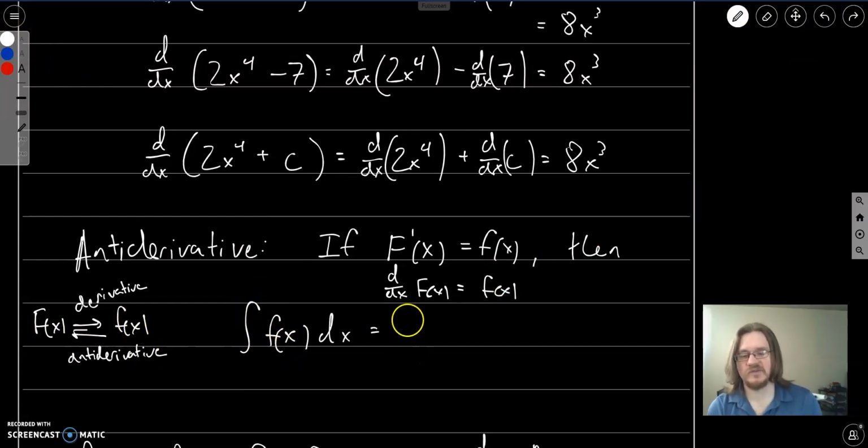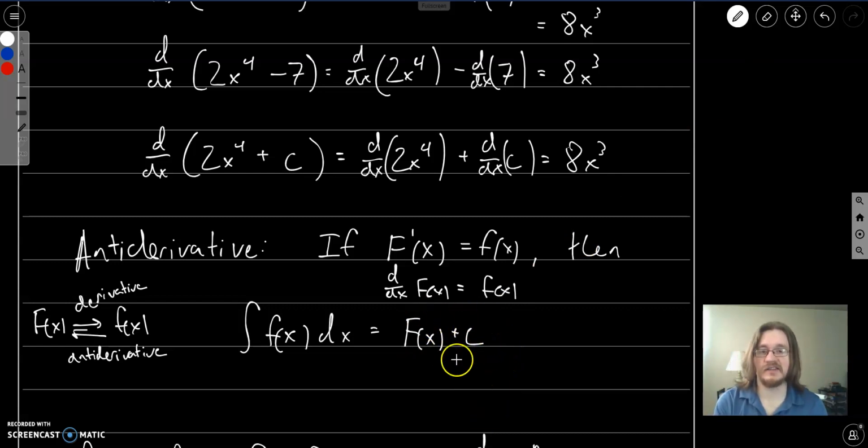Well, for going backwards, we should get capital F of x. But if I take the derivative of this function plus a constant, well, the derivative of a constant is always 0. So I don't know what constant should be out here. So when I take the antiderivative of little f of x, I get capital F of x plus c. Plus c is very important.